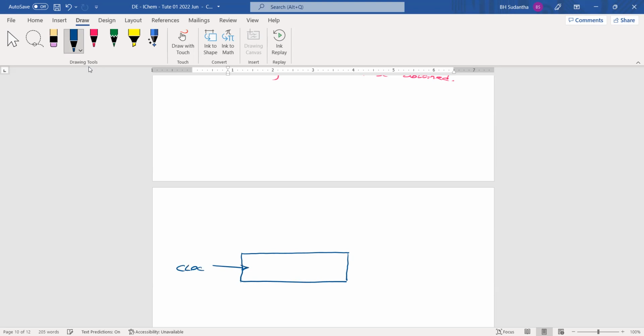This is clock. From these lines, D bar, C bar, B bar, A bar. This is a 4-bit up counter.